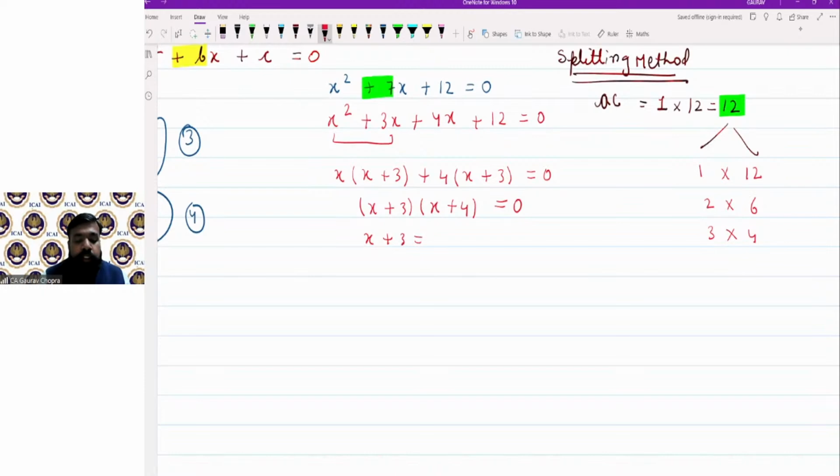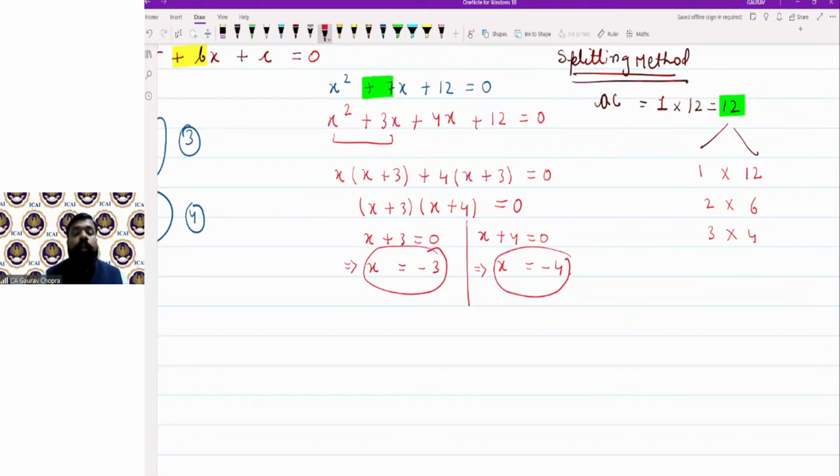If x plus 3 is equal to 0, this means that x is equal to minus of 3. And if x plus 4 is equal to 0, this means that x is equal to minus of 4. So these are the two values. These are the two roots of equation.